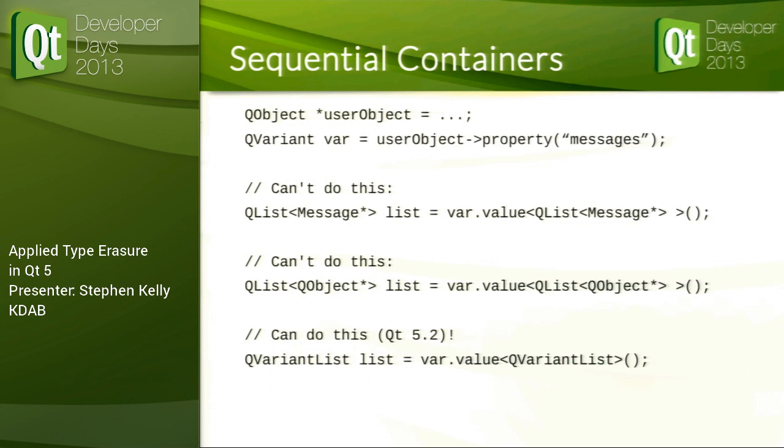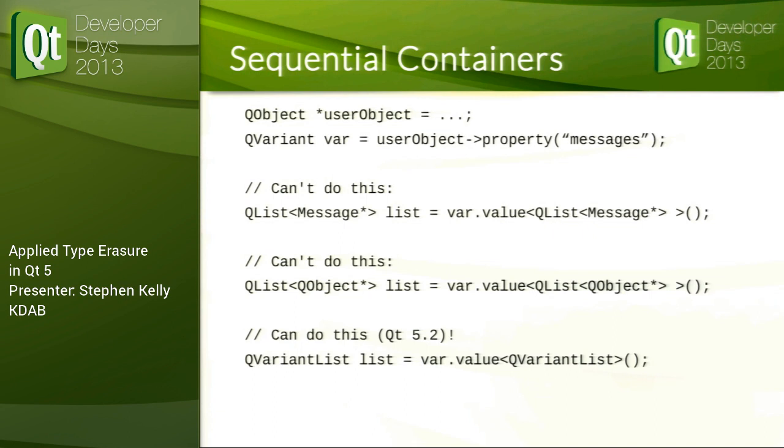And from the point of view of my text templating system, in Qt 4, I didn't have any options at all. That's why I had to build a lot of external scaffolding in the Grantlee library. But with Qt 5, you do have more options. So as usual, I get my user object. I don't care if it's a shared pointer or anything. I get it as a QObject star.